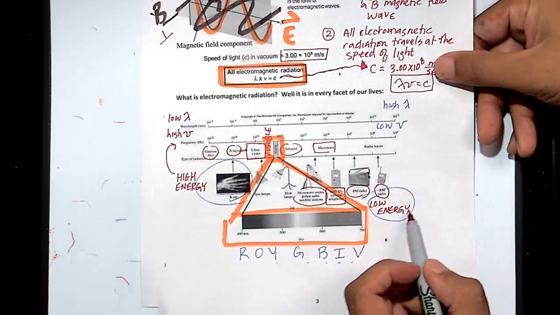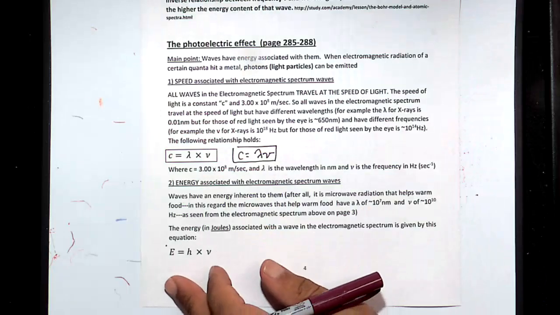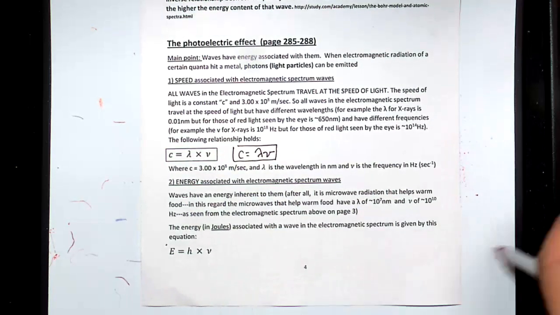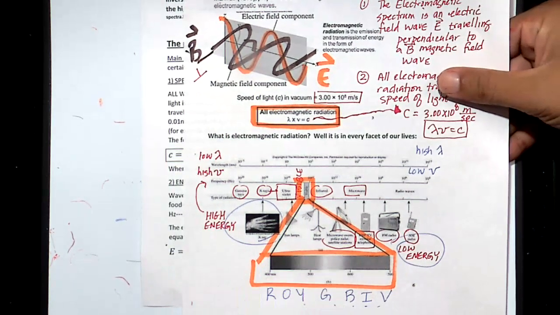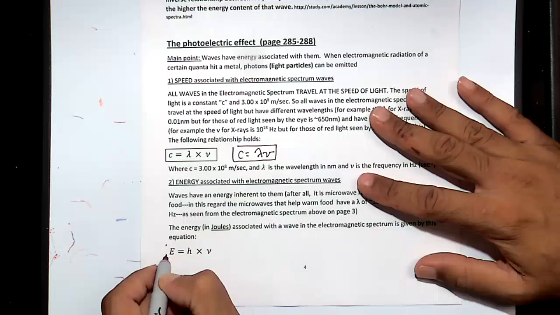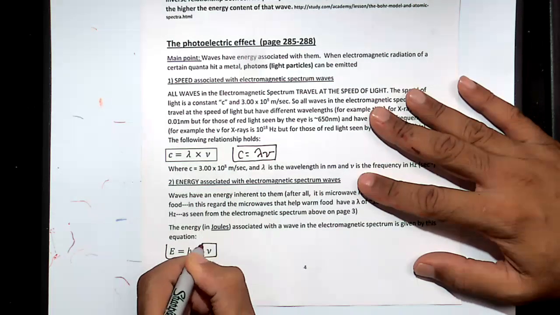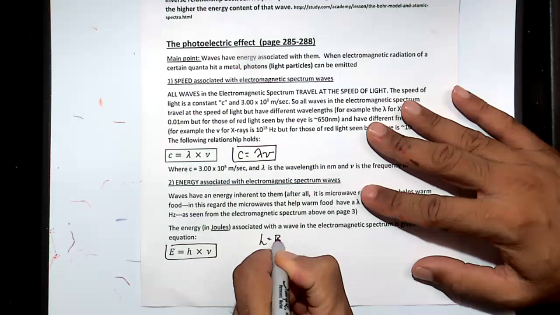Some of these you don't feel, and some you see. The energy in the electromagnetic spectrum, whether UV, IR, radio, or X-ray, is E equals h times frequency. This h is Planck's constant.